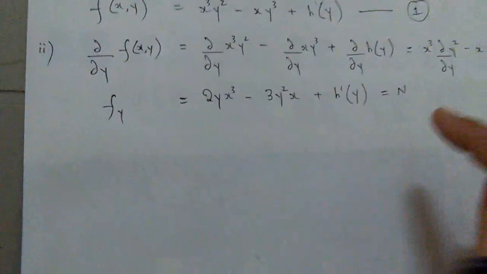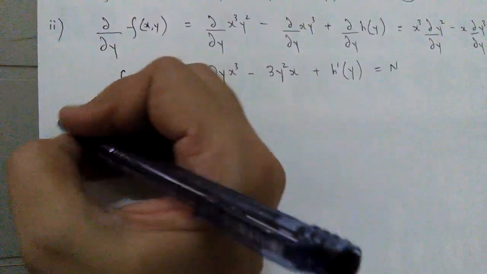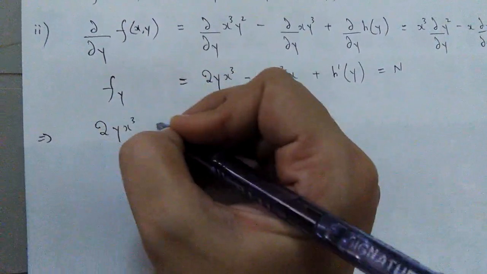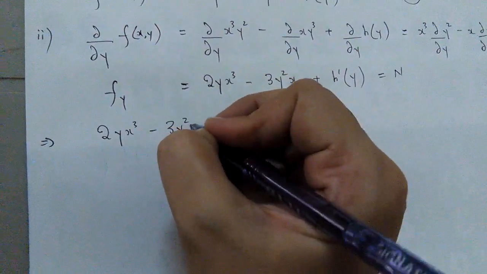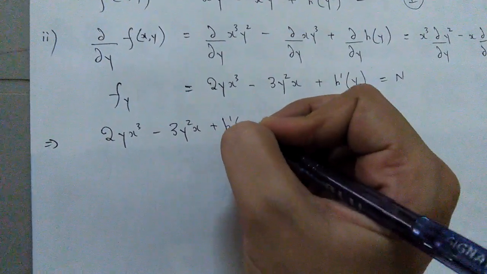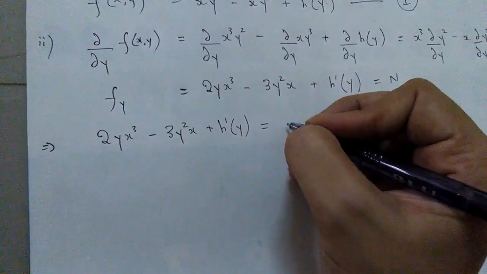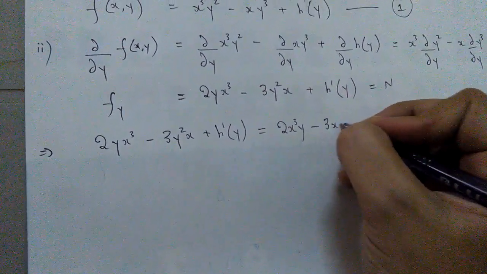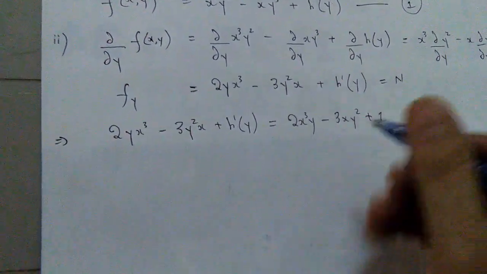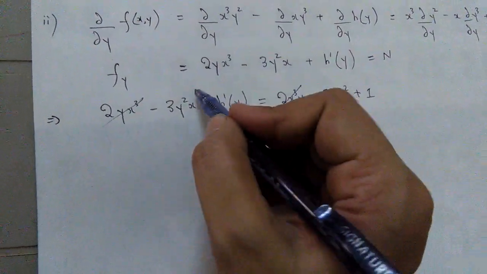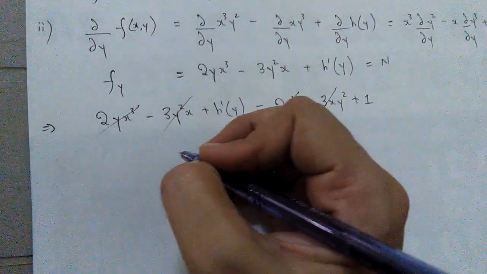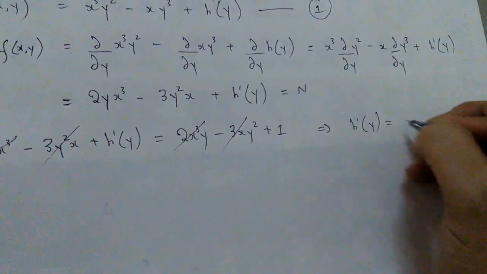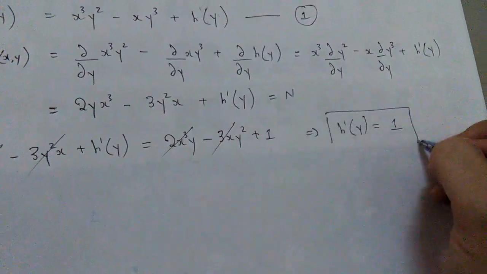Now we write down the value of n here: 2y x cubed minus 3y squared x plus h prime y equals 2x cubed y minus 3xy squared plus 1. You see this and this get cancelled, and we are simply getting h prime y, which is 1.